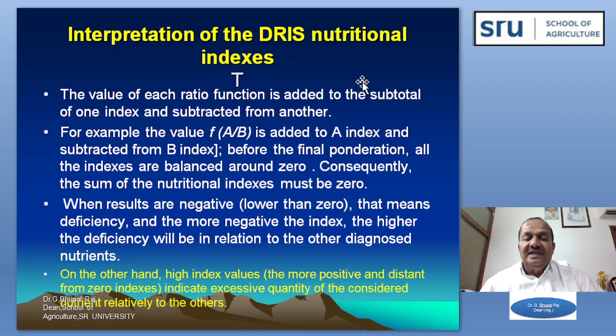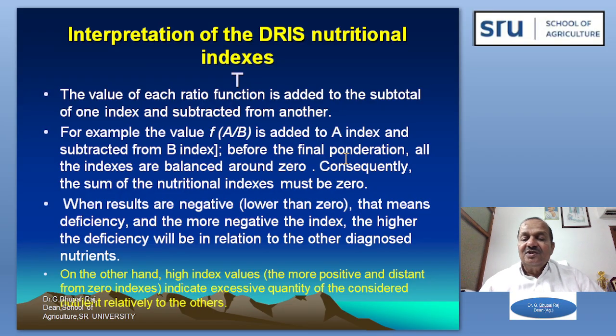So how to interpret? The value of each function is added to the subtotal of one index and subtracted from another. Just now I told you about the minus value assignment and plus value assignment. For example, the value function of A by B is added to the A index and subtracted from the B index. For calculation of the A index we take it as positive, and for the calculation of the B index we assign the negative value.